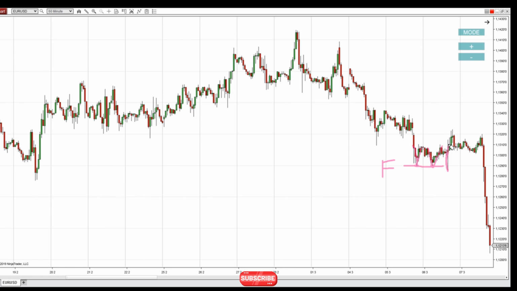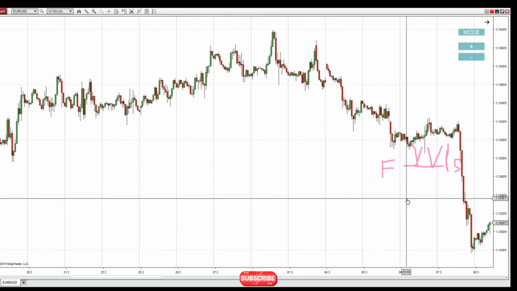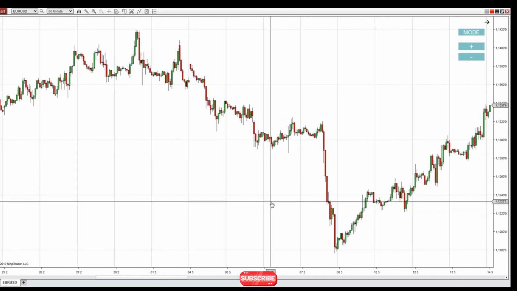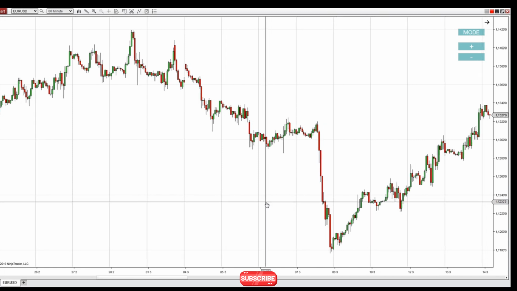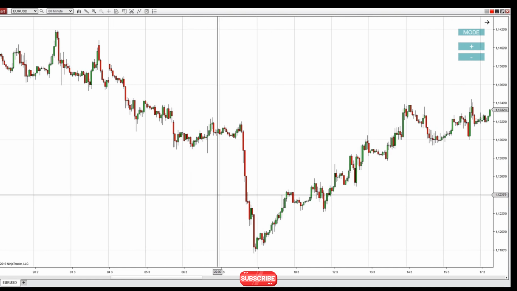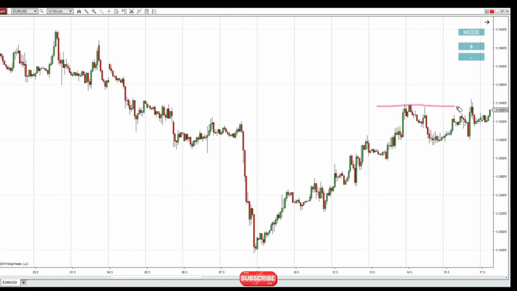Price tests below the failed auction to create a successful auction. At this place, there is also a failed auction. And as you can see, the price tests above the failed auction to create a successful auction.